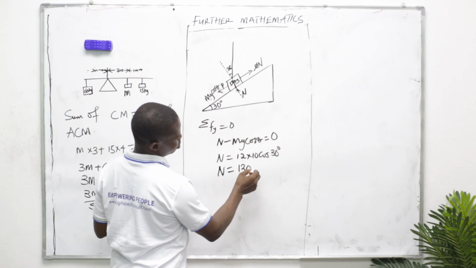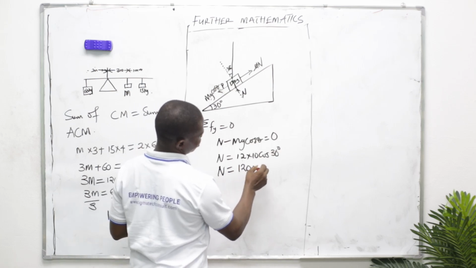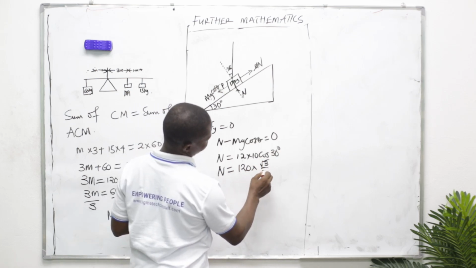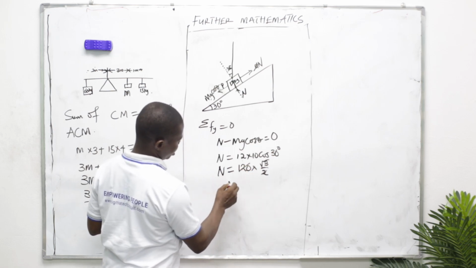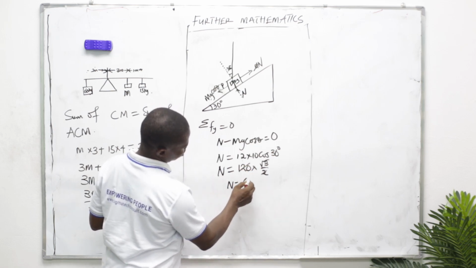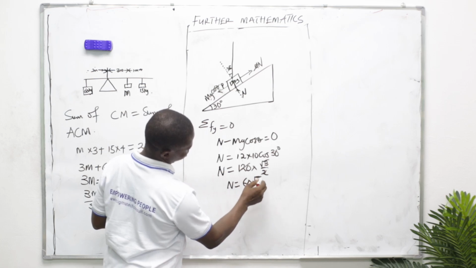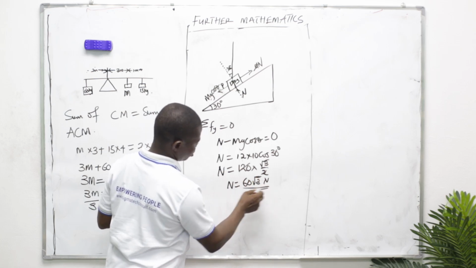This is 120. Cos 30 is root 3 over 2. 2 here, 2 here, and now N equals 60 root 3 Newton.